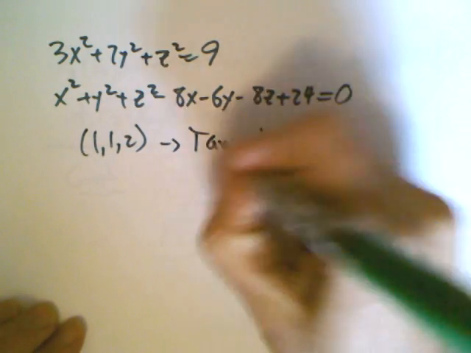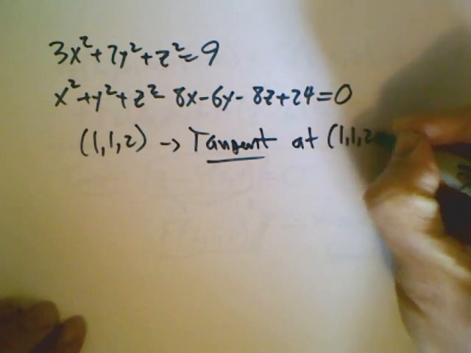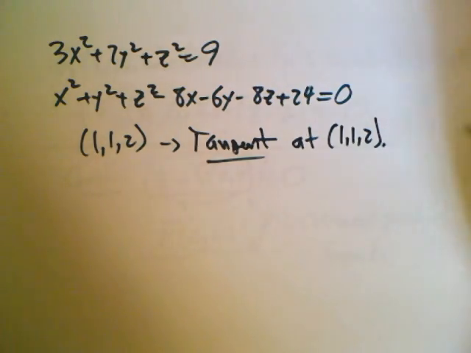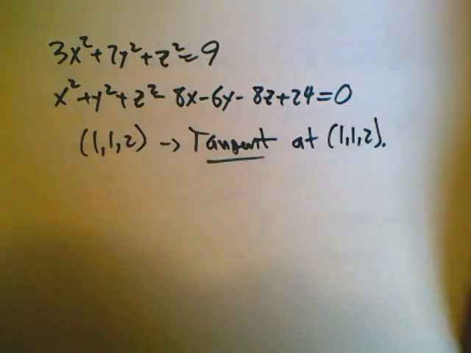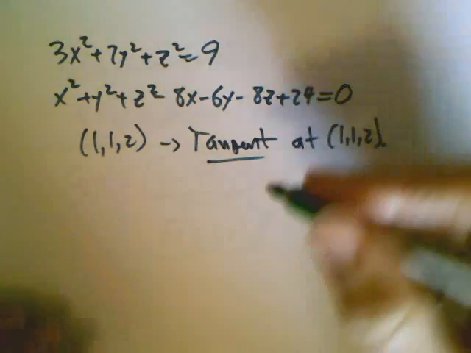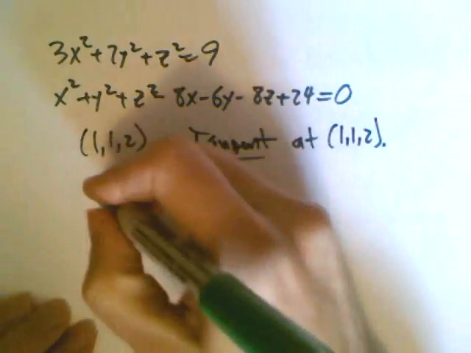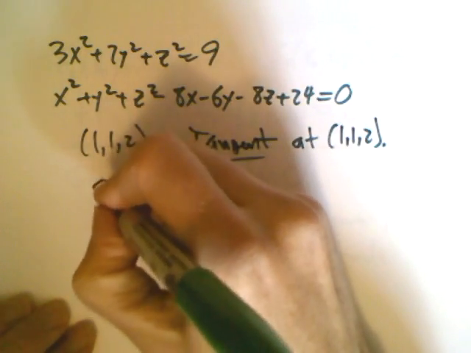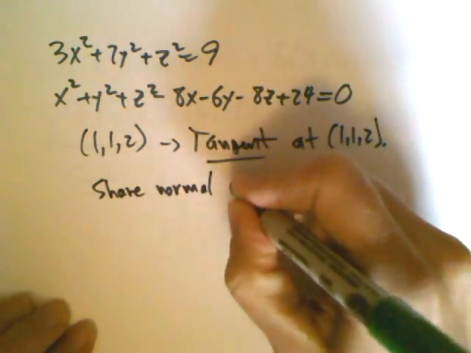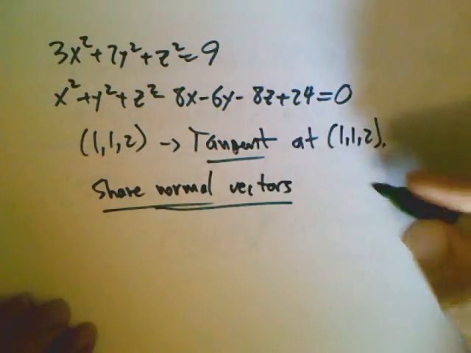These two surfaces are mutually tangent at (1, 1, 2). And that's going to mean that they just are going to share normal vectors, because what it really means is they should share their tangent planes. Let's just see if they share normal vectors.